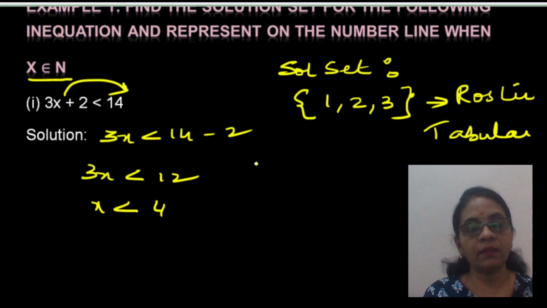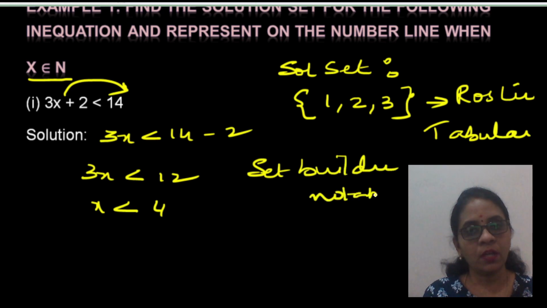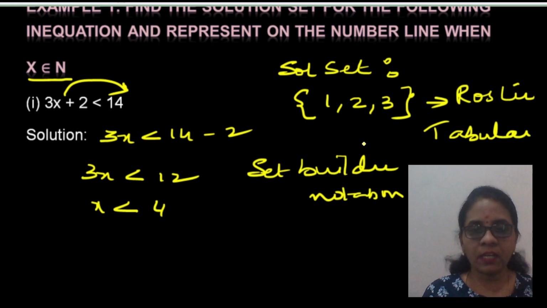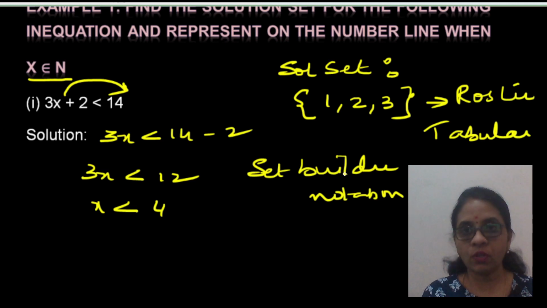The other kind of writing the set is set builder notation. And the other is the descriptive form where we write it in description. That is not needed. All you have to know here is about the roster or the tabular form, and the set builder form.